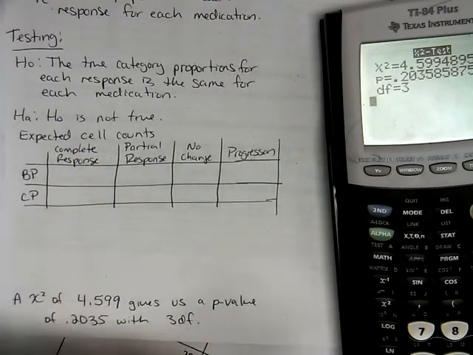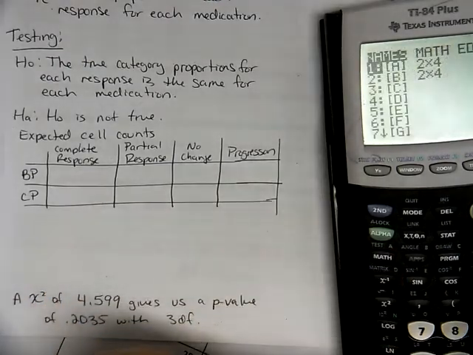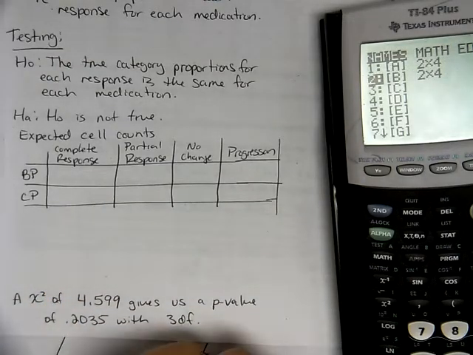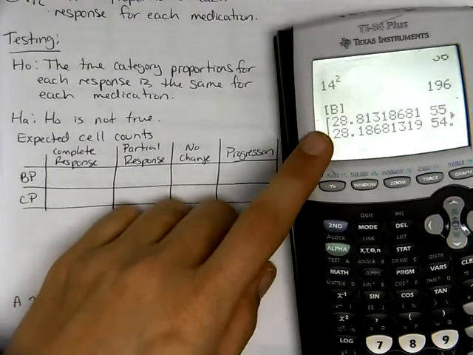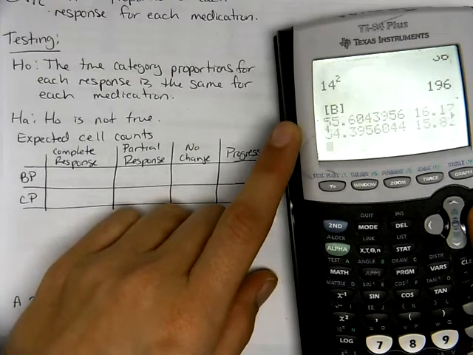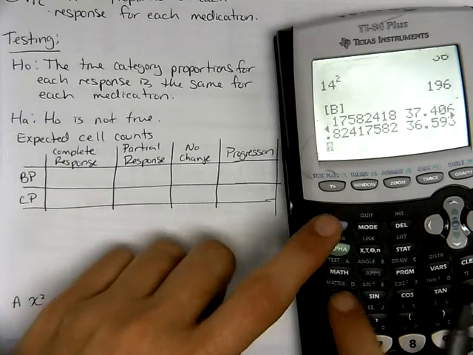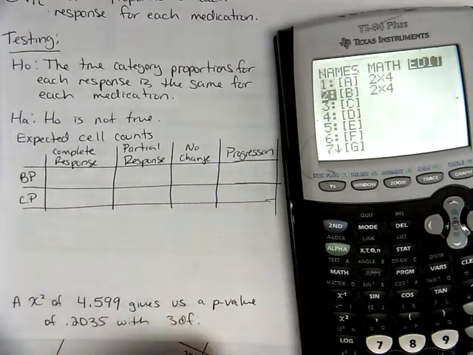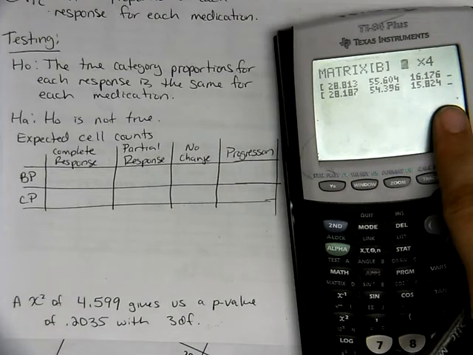So to get to matrix B, there's 2 ways to do this. You can go to the matrix and just look for B. But the hard part is, you got to scroll over. Right? And sometimes it's hard to read. So how I do it is I go to matrix, I go to edit matrix B, and then I can see the numbers more clearly.